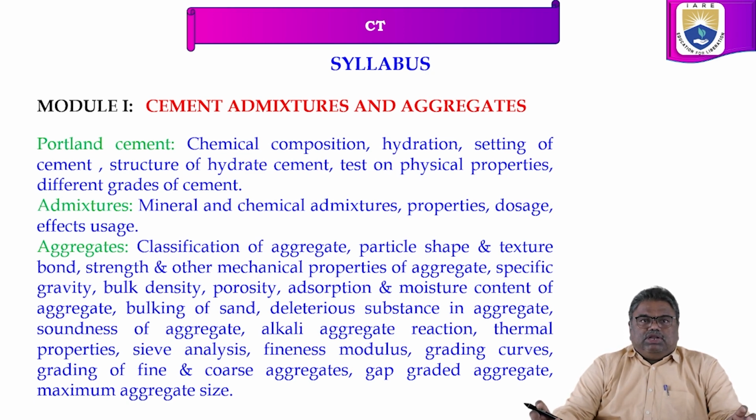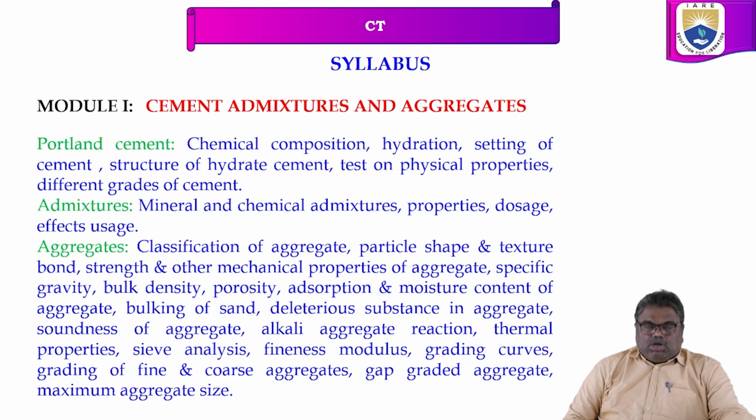These are the different properties we are going to study in this module. Especially if we are changing any of these properties in the aggregates, obviously these are going to affect the concrete, right? So these are very, very important. This is about module 1.